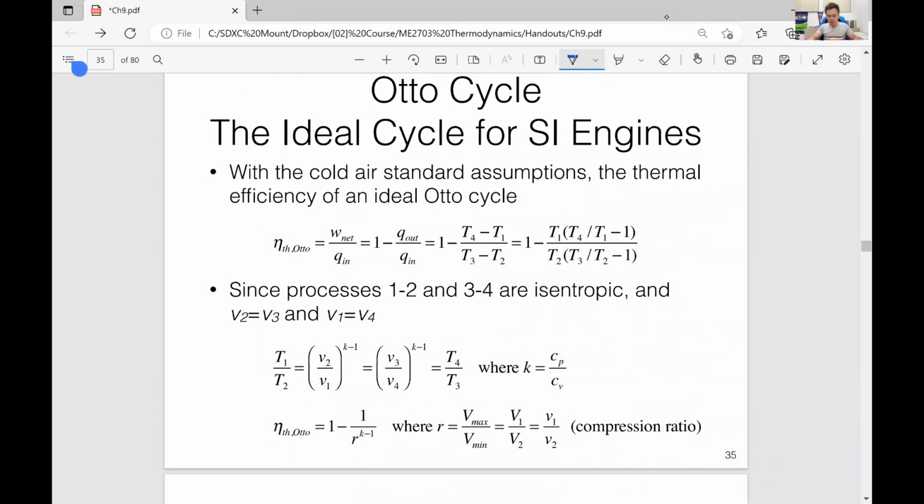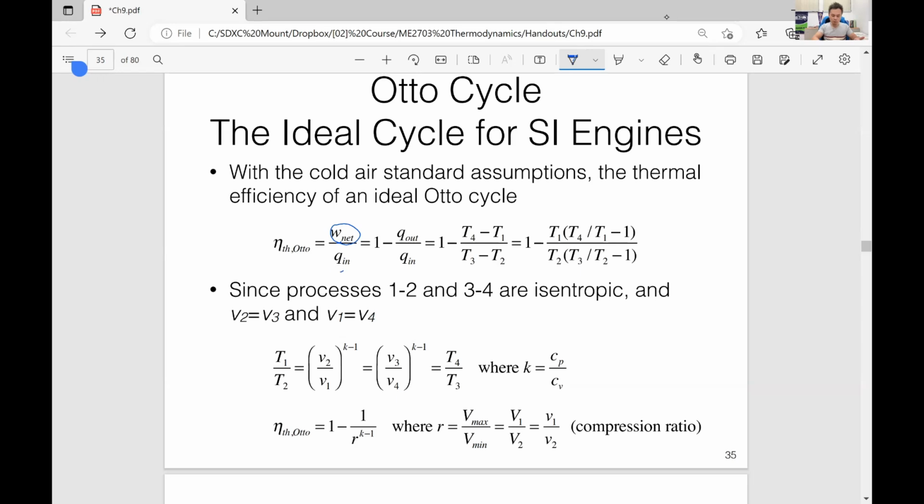Then what we are concerned with is the efficiency. Based on the definition, efficiency is the desired output over the required input. In this case, all these engines are used to produce work, so we want the net work output.